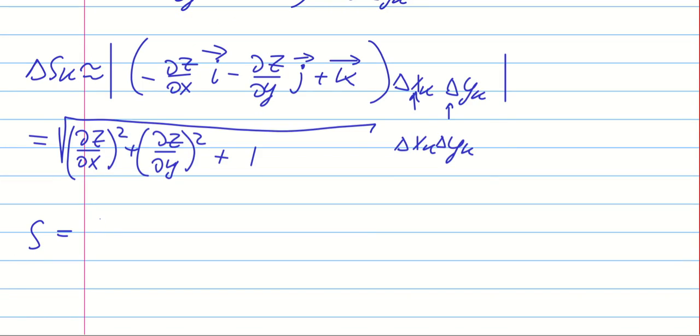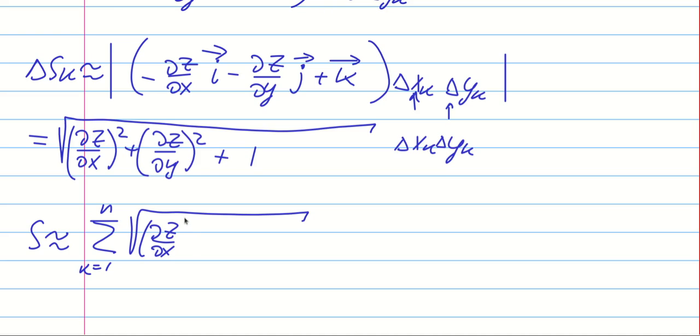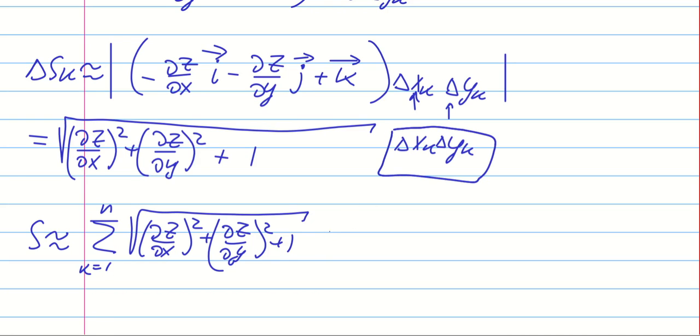So to get the S, we have to add up all of these little delta s sub k's. So we're going to have a sum when k goes from 1 through n of the square root of partial of z, partial of x squared, plus partial of z, partial of y squared, plus 1. And this is basically delta A sub k, right?